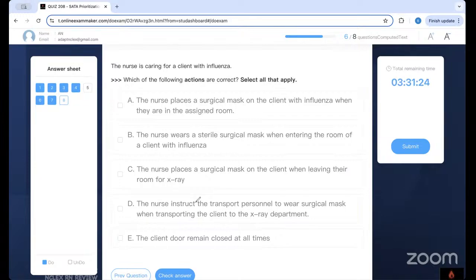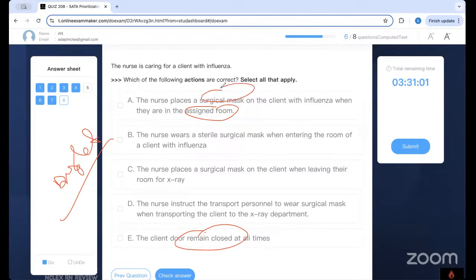But this is content I teach, and it's so easy, the infection control. You have to know what the things are that you do in droplet precaution, right? The door does not need to remain closed at all times, right? The patient does not need to wear a surgical mask in the assigned room.